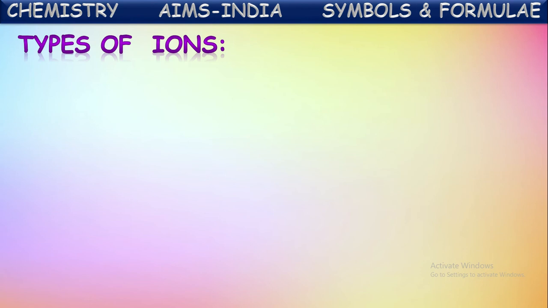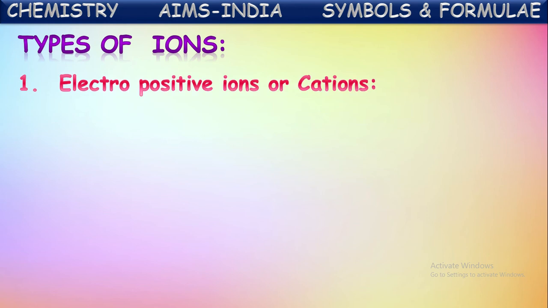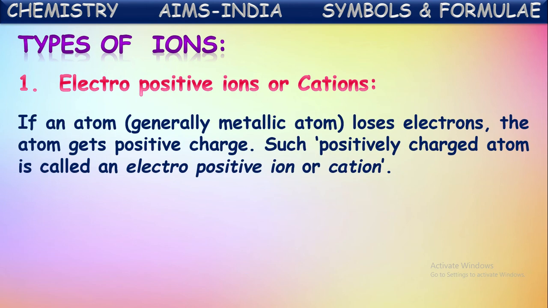Now we can talk about the types of ions. We are describing the formation of ions in two ways: one by gaining electrons, the other by loss of electrons. Based on this, there are two types of ions. One of them is positive ions, electropositive ions, also called cations.